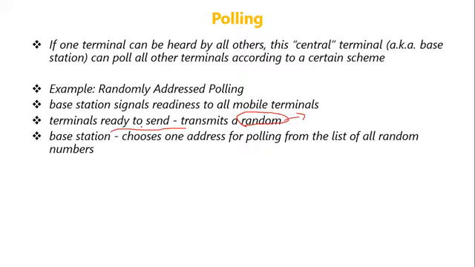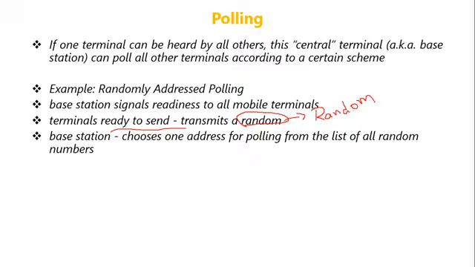Terminals that are ready to send will communicate randomly, but along with that they will also send a random number. Using that random number, the address of the particular mobile station can be identified.